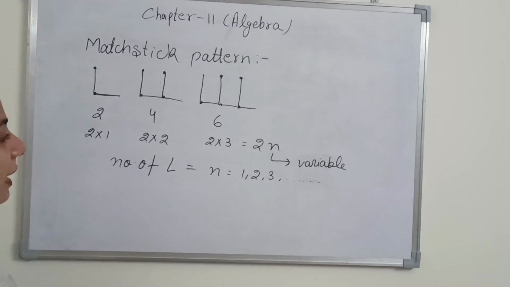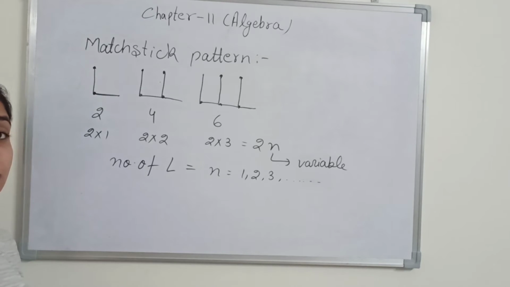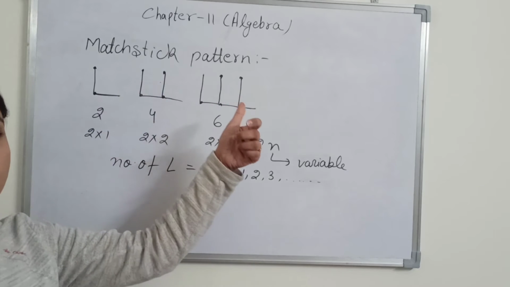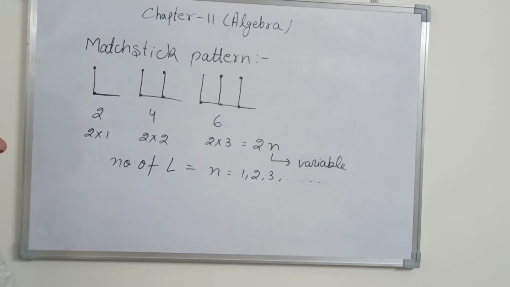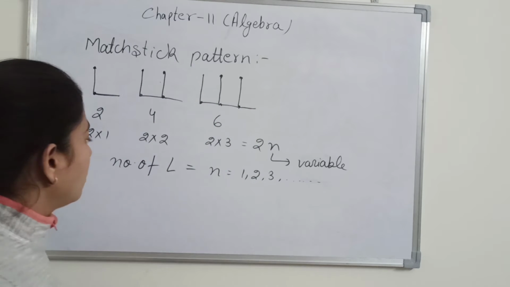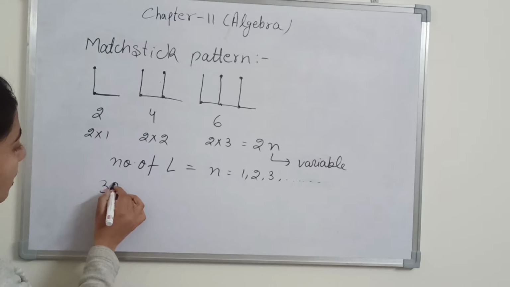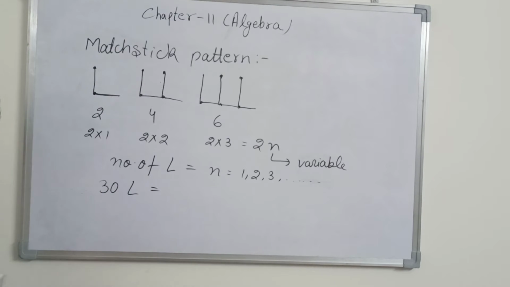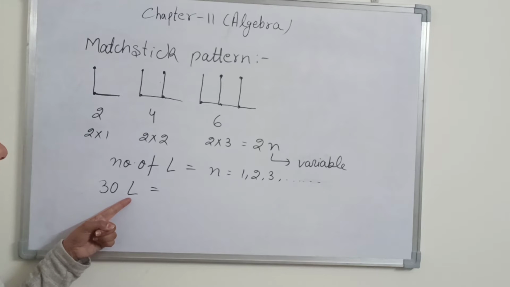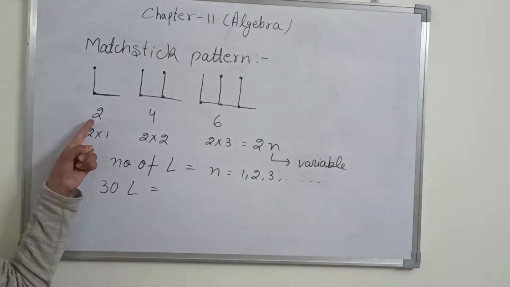Now suppose that you have to form 30L. It is not possible to form it like that. You cannot draw it like that, because 30L is very difficult. So for forming 30L, how many matchsticks are required? As we know, for forming 1L, 2 matchsticks are required.